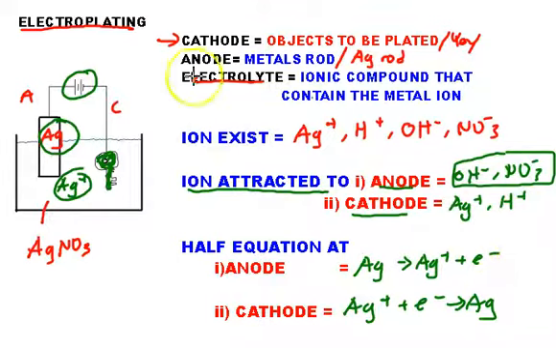So normally for electroplating questions, they will ask you about argentum or copper. These are the two common things used for electroplating.